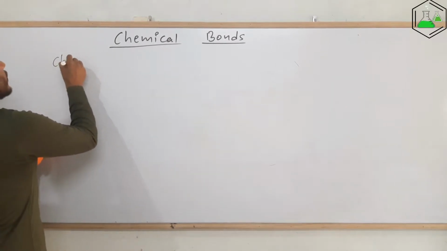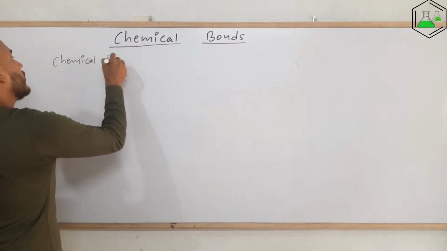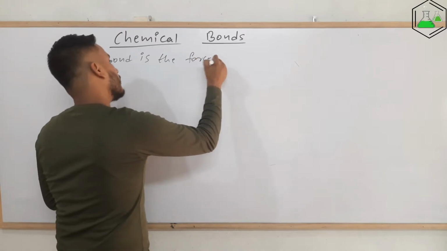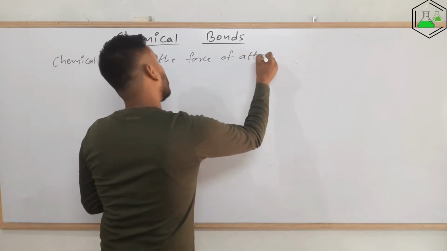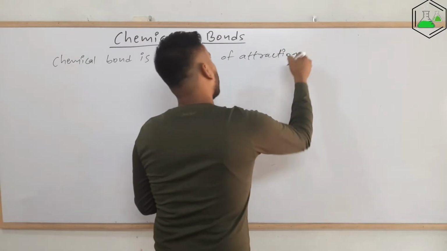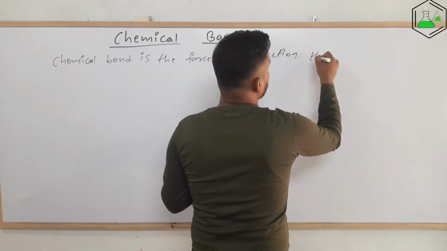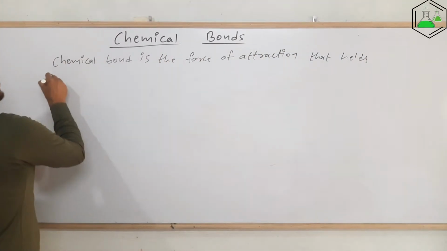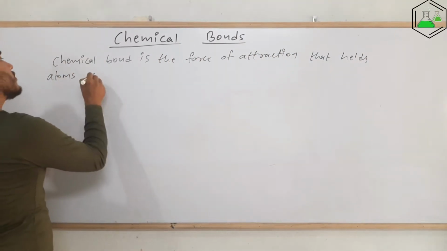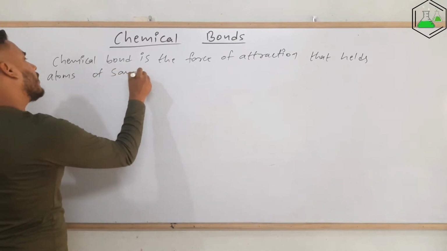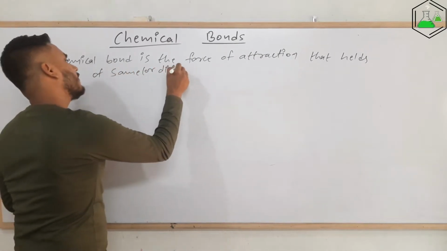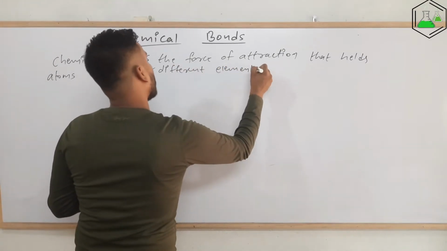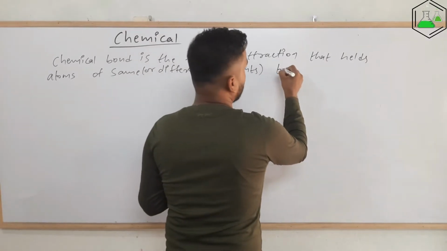Chemical bond is the force of attraction that holds atoms of same or different elements together.